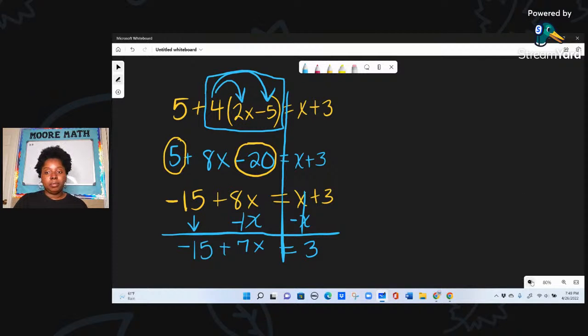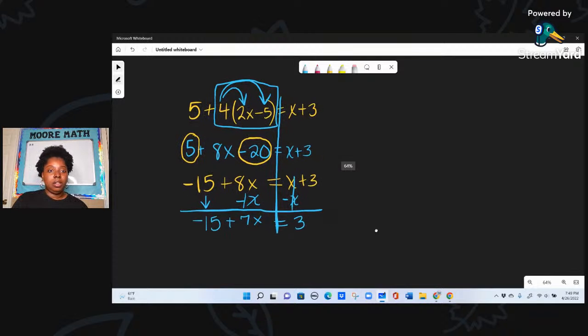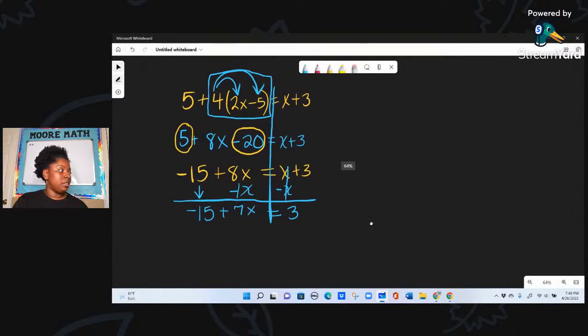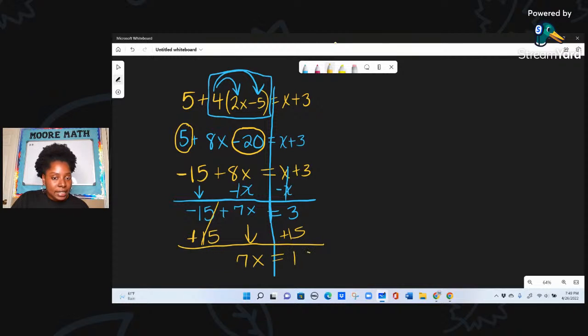Now let's go up a little bit higher. Y'all can still see this? Okay. Now I want to get rid of this negative 15 and move it to the right side. I'm going to split my equation again. So we have plus 15, and we're going to get 7x equals 18.